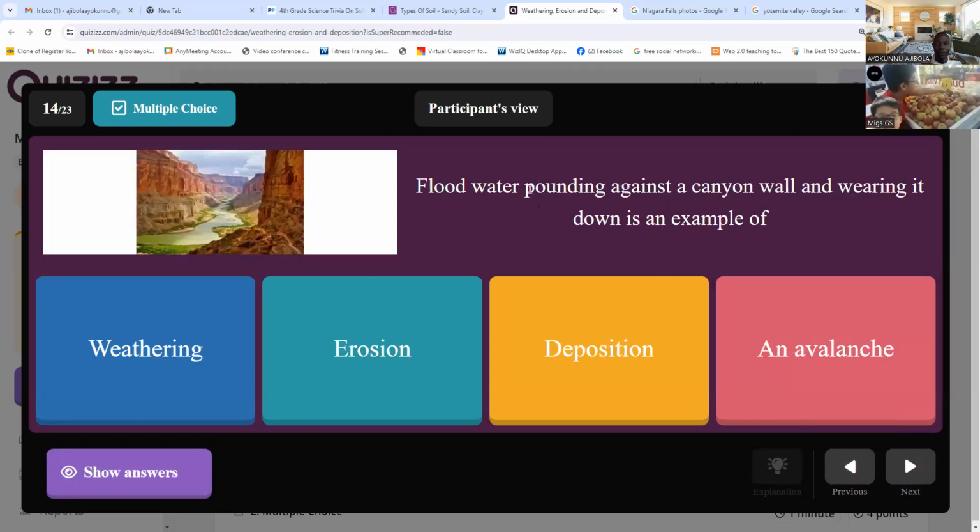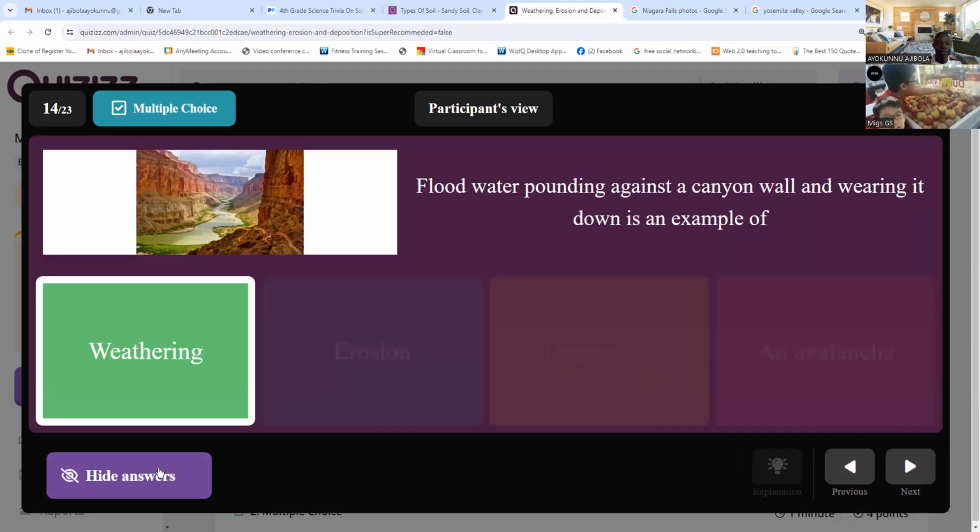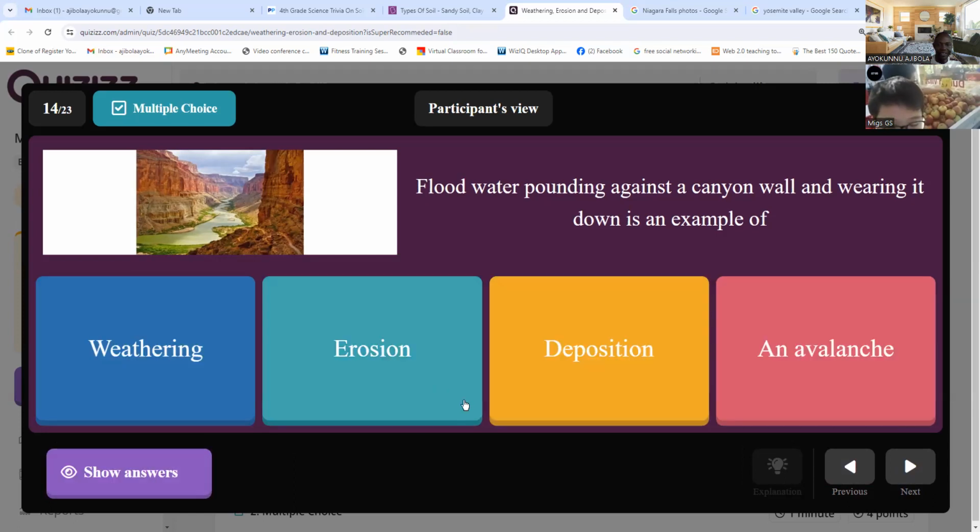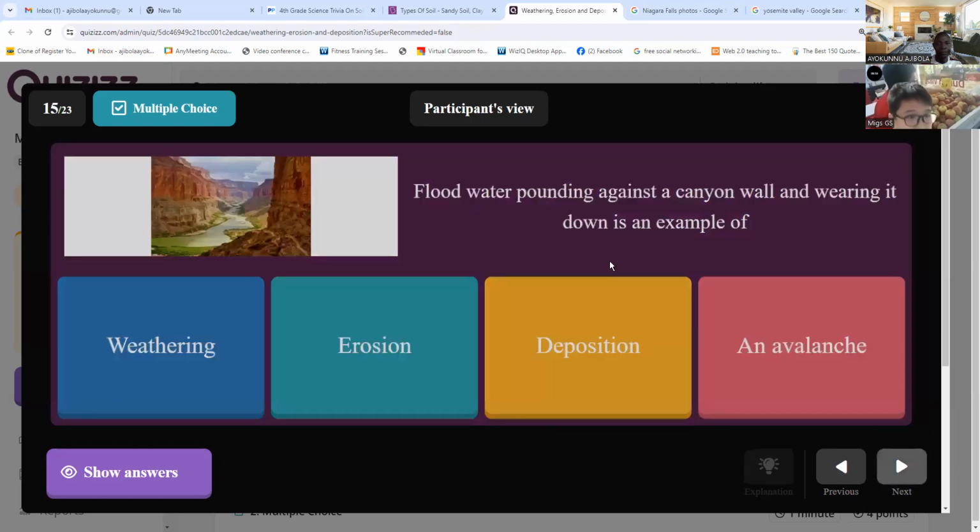Flood water pounding against the wall and wearing it down, breaking down. So that should be weathering. Yes, weathering.